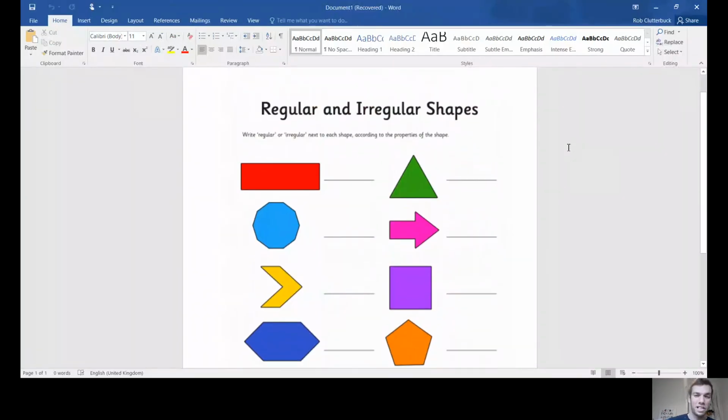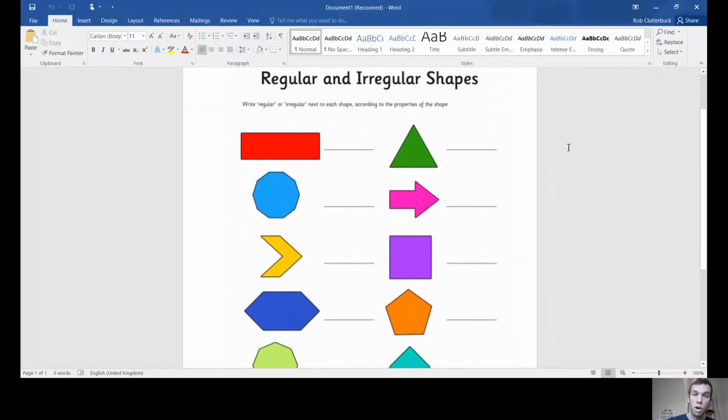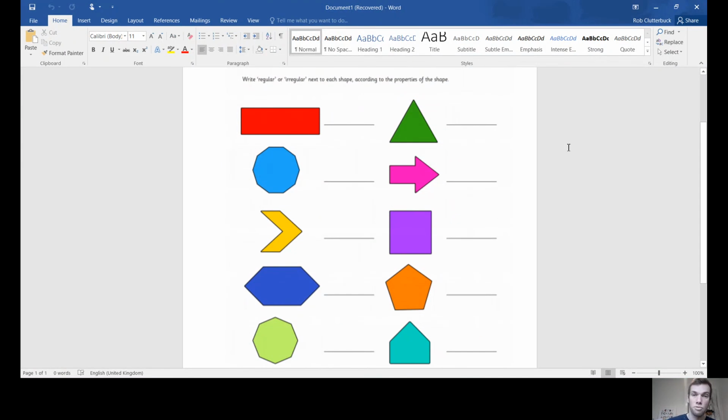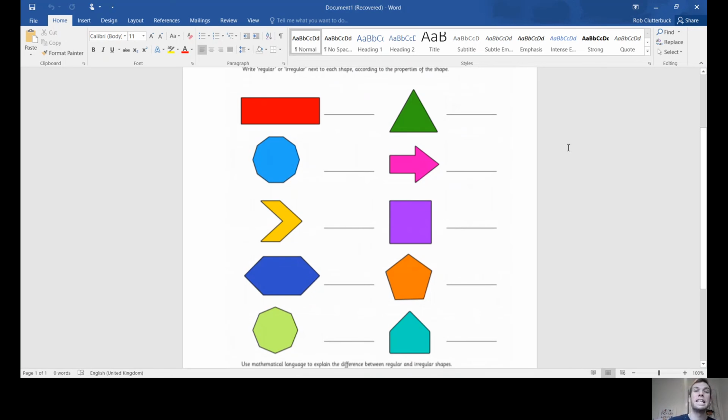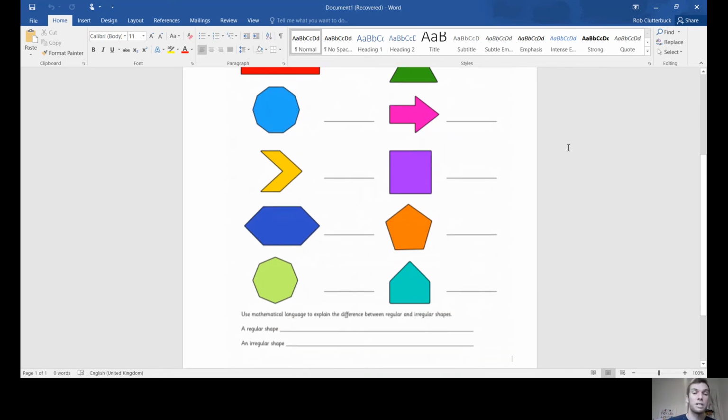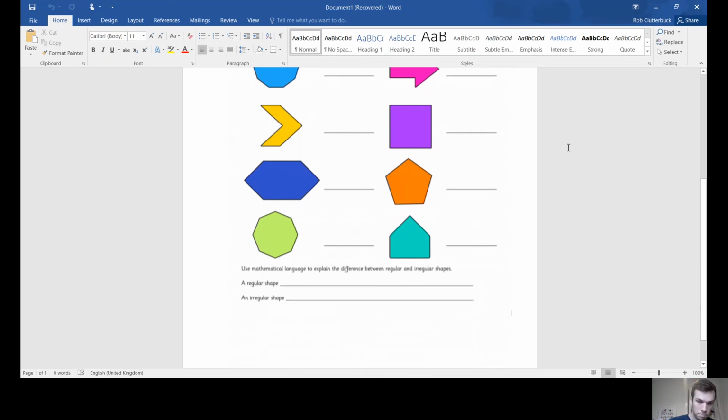Okay, regular and irregular shapes. What we'd like you to do is write the word regular or irregular next to each shape. Remember, you need to count those sides and see if you can tell us the name of the shape and if it is regular or irregular.